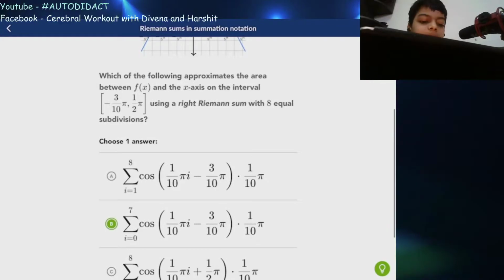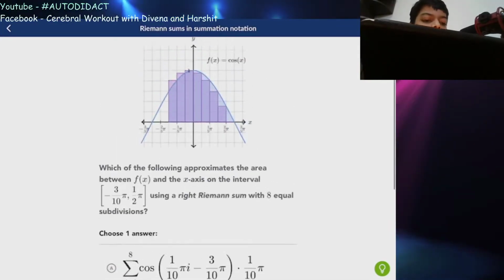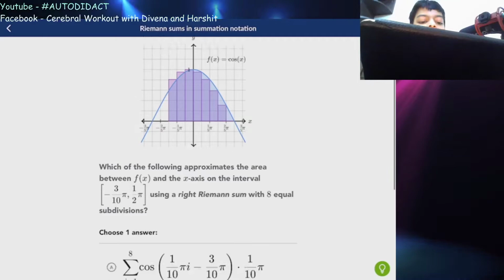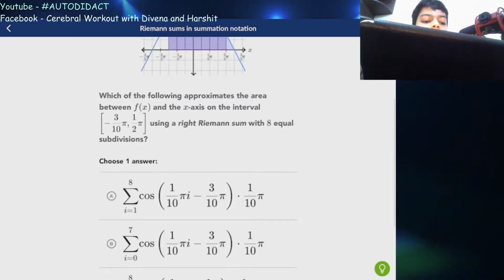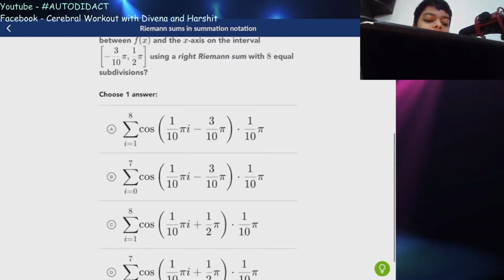Let's see this one. Let's say I is equal to 2. This will be 2/10 pi minus 3/10 pi, which is -1/10 pi, times this, so this will be incorrect.